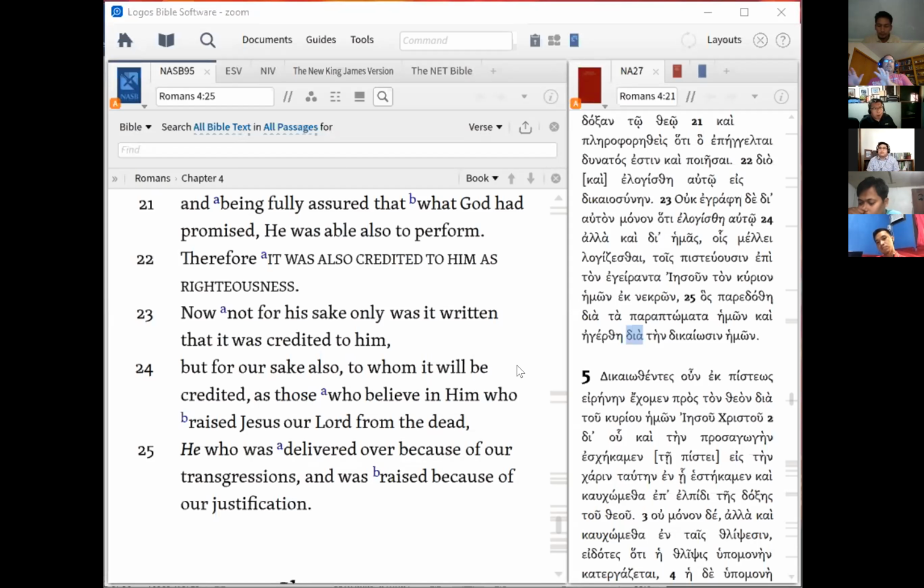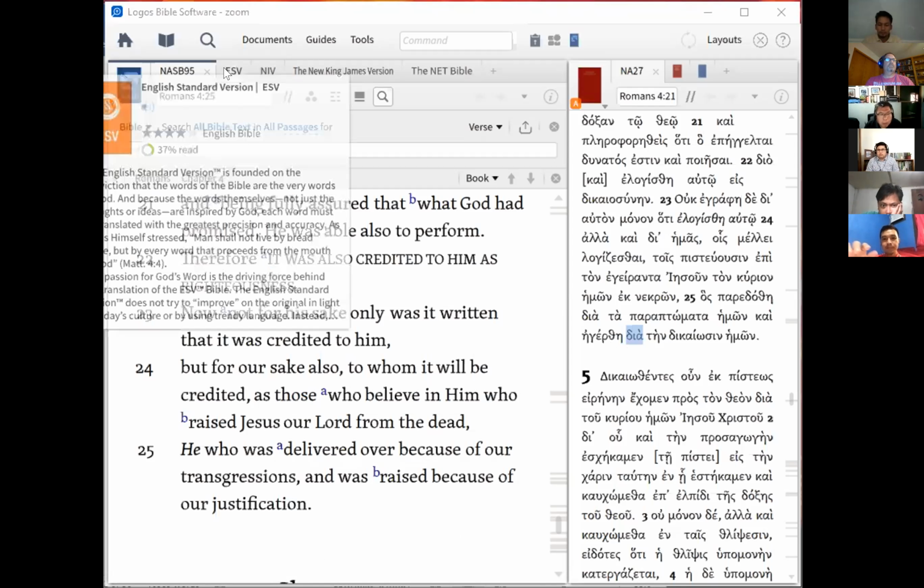So even if it's acting like a conjunction or like a preposition, they can still have the same meaning. And so here, that preposition dia has the idea of "on account of," or "because of," or "as a result of."